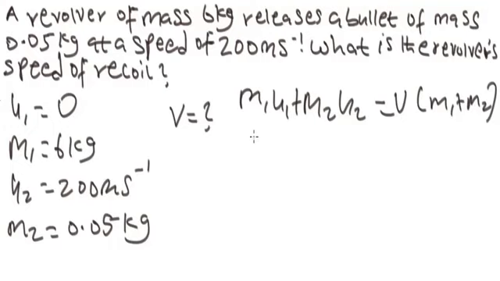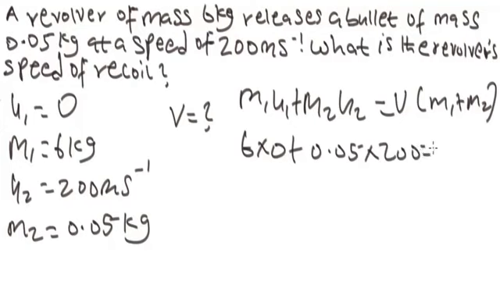When you substitute, our m1 is 6, times u1 which is 0, plus m2 which is 0.05 times u2 which is 200, equals v in brackets 6 plus 0.05. When you simplify, the first term is 0. Let me multiply 0.05 by 200. So we have 10 equals v in brackets.